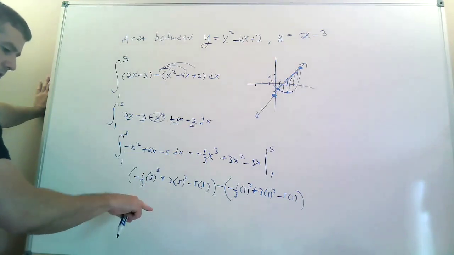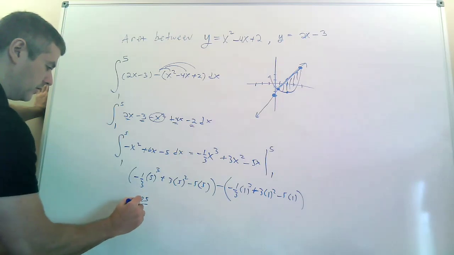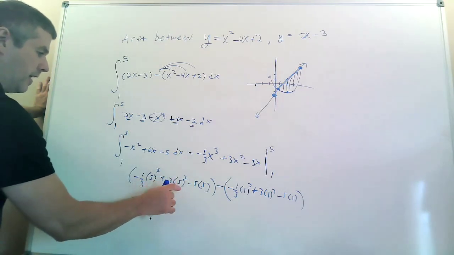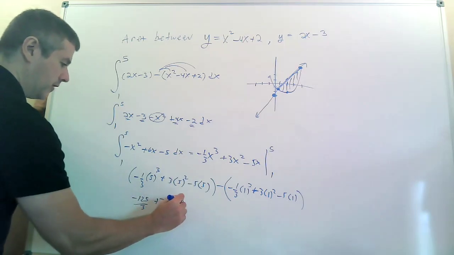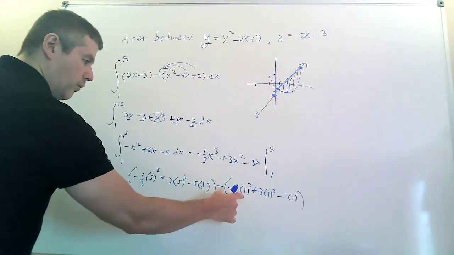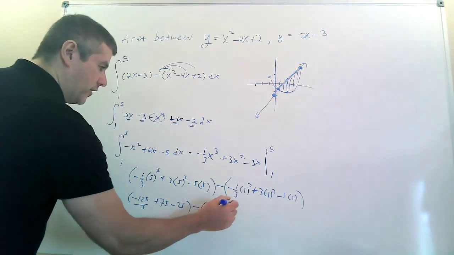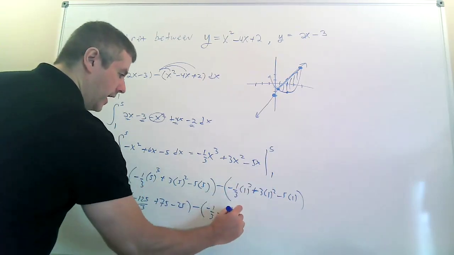5 cubed, 5 times 5, 25. Another 5 is 125. You'll see that I'm not going to combine things till the very end. That's 25 times 3, so that's 75. And that's minus 25. Try to be very careful, make sure I don't screw this up. 1 cubed is 1, so you're going to have -1/3 there. 1 squared is 1 times 3, and then take away 5.